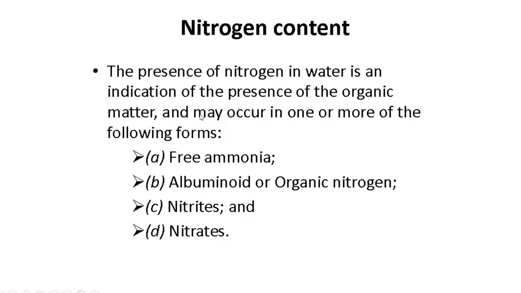These are the indication of the presence of organic matter and may occur in one or more of the following forms: free ammonia, albuminoid or organic nitrogen, nitrites and nitrates. Nitrogen content is considered one of the most critical and important chemical properties of a water body.